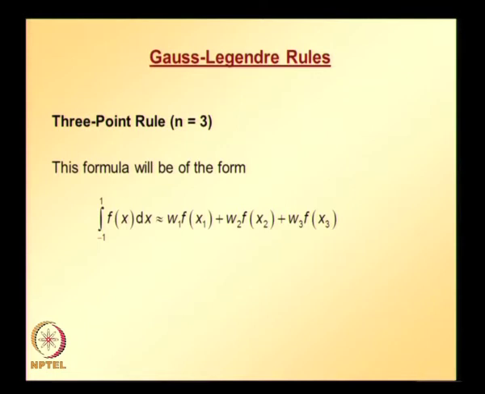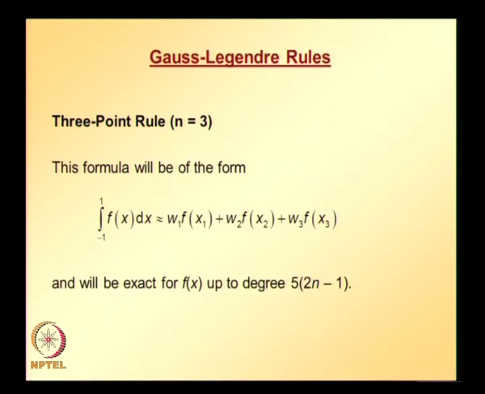We need to determine these weights and locations w1, w2, w3, x1, x2, x3. And what about the accuracy? This formula will be exact for a function up to order 5, because an n-point Gauss-Legendre rule is going to be exact in evaluating an integral having an integrand of order 2n minus 1.